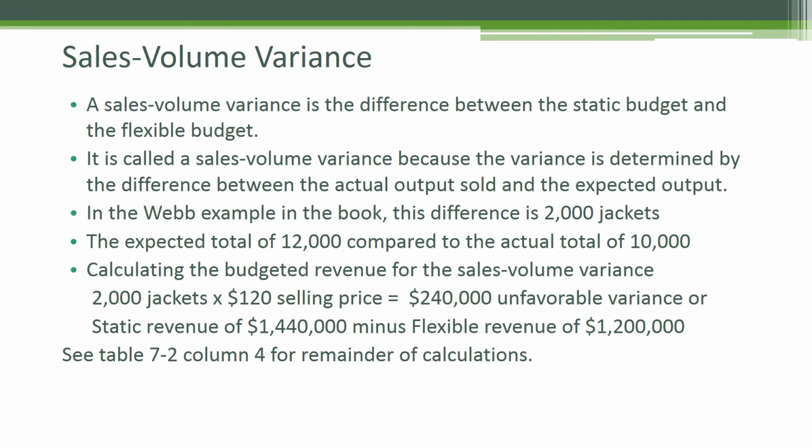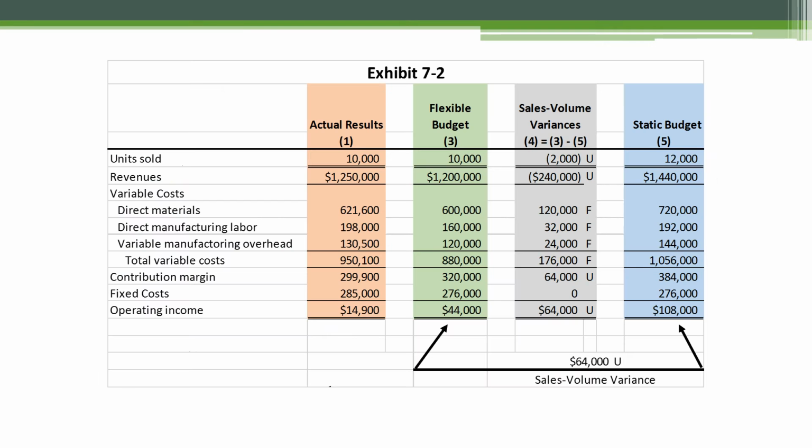Now on the next slide, we will again look at exhibit 7.2 and we will go through the remainder of the calculations for column 4. As you can see in exhibit 7.2, we've highlighted in gray column 4. And you can see how it sits right between the flexible budget and the static budget. And at the bottom we have a $64,000 unfavorable variance when we get done.